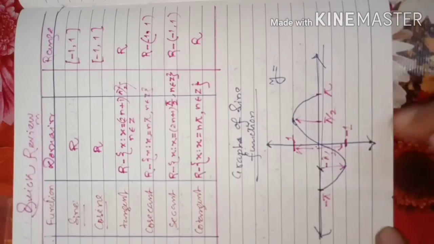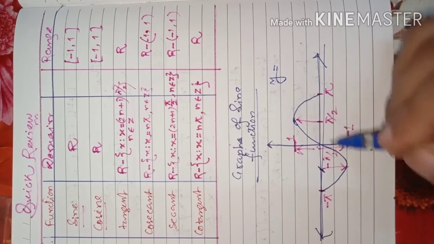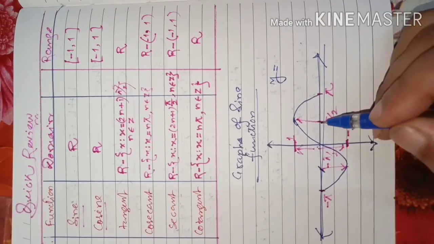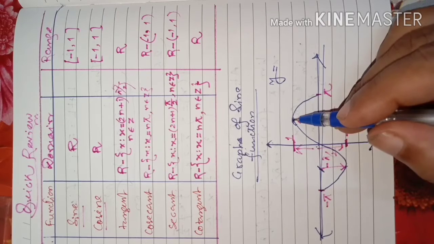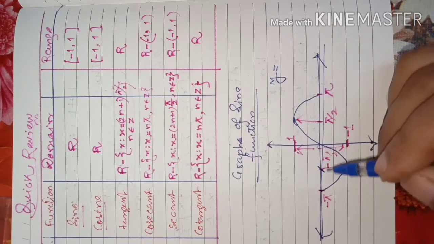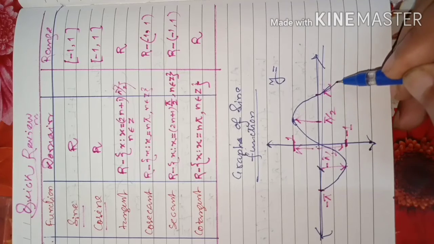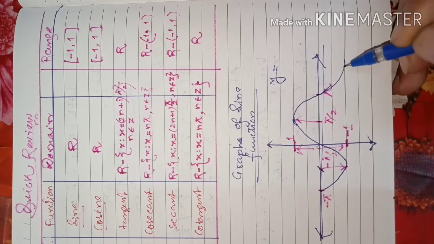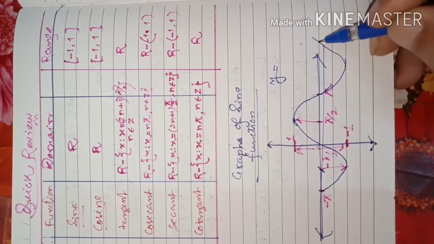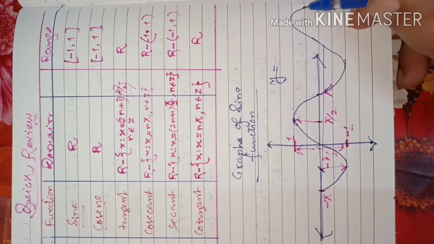Otherwise, you see y values are repeating for the sine function. Just see, at pi by 2 it is +1. Again at 3 pi by 2 it is -1. But think about 5 pi by 2, students.